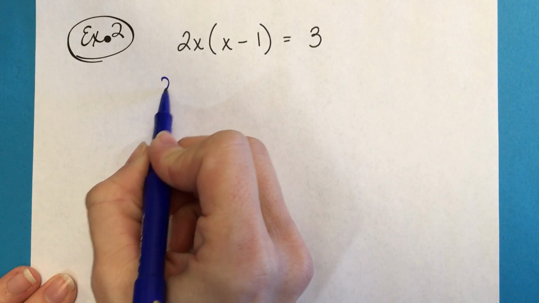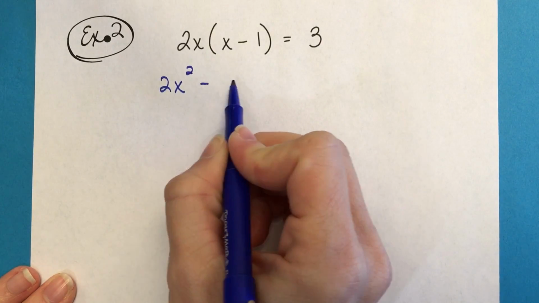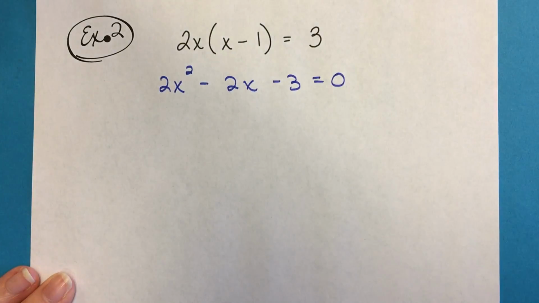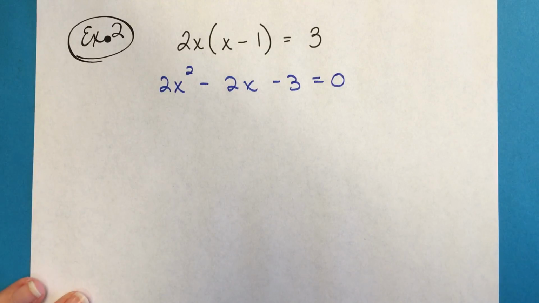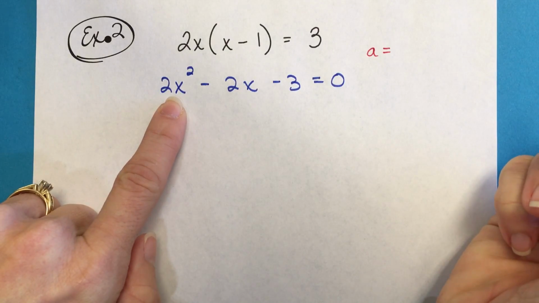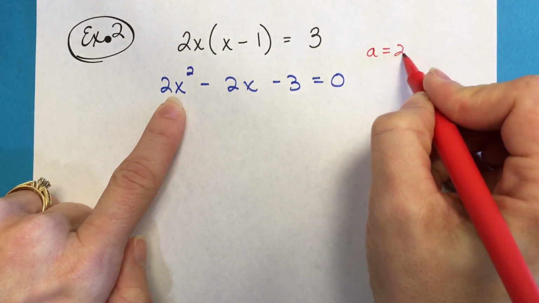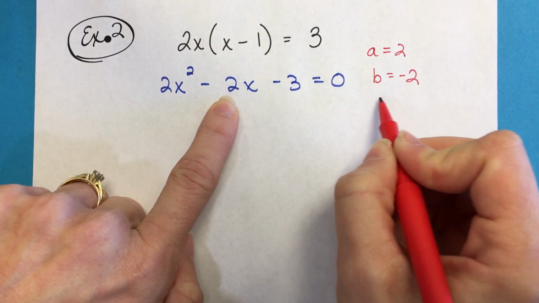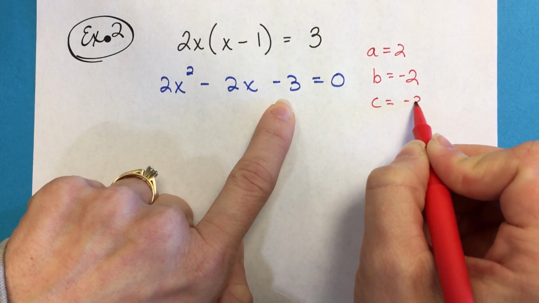That would give me 2x squared minus 2x minus 3 equal to 0. So my a is going to be 2, which comes from in front of your x squared. b is going to be negative 2, and c is going to be negative 3.